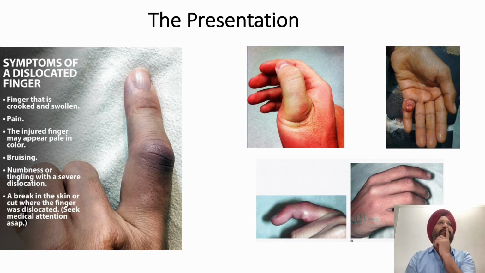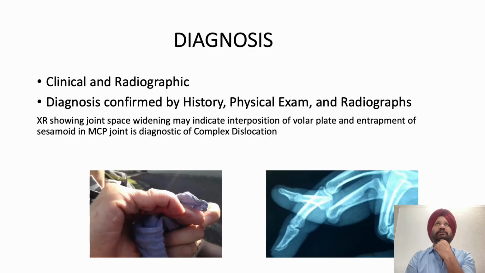It can have numbness, which we can always make out from the examination, or it can have a break in the skin, like an open dislocation and a cut where the finger was dislocated. In the third figure, we can make out. So I have included all the figures which we can see: crooked, swollen, bruised, pale, and of course if there is an open dislocation. These are the most common presentations.